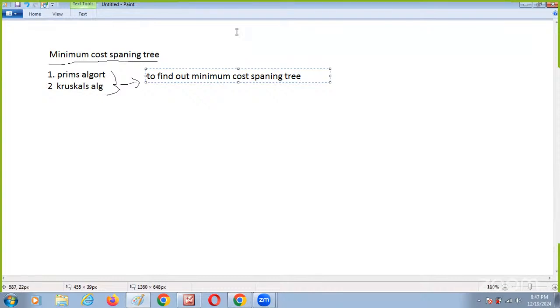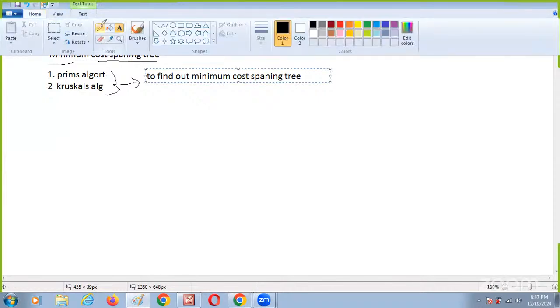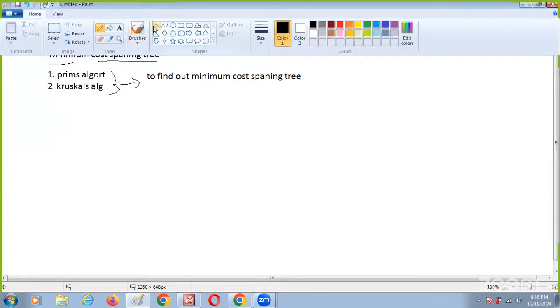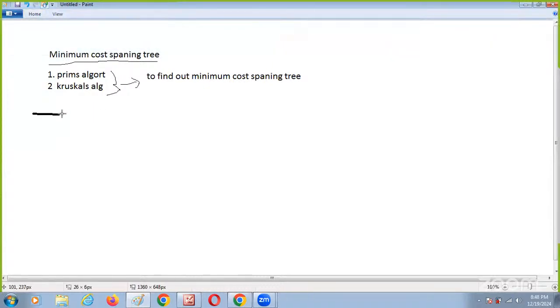So now what should I do for that? Let us take one simple graph. I'm drawing a simple graph. Let me explain this problem. I'm going to explain two algorithms. This is also a possible question from the GATE. If they give this type of problem, it will be somewhat easy.